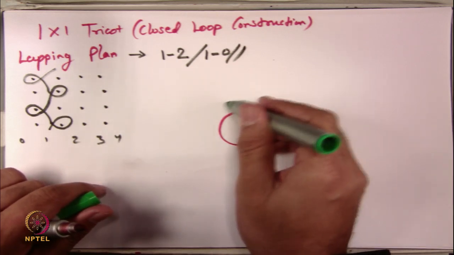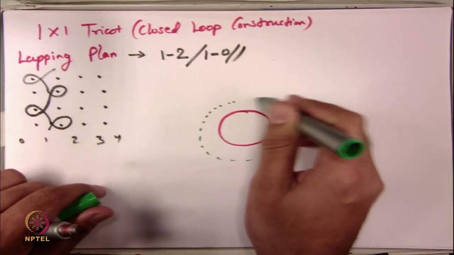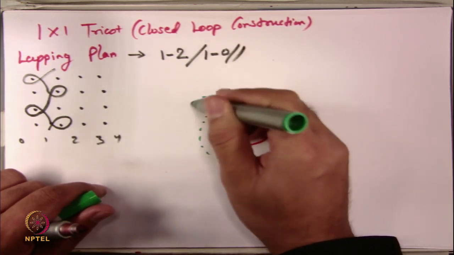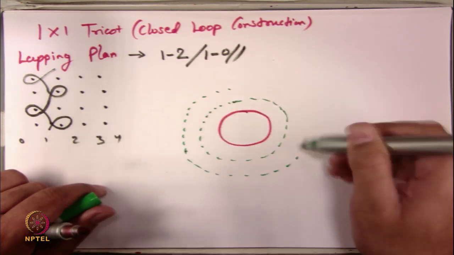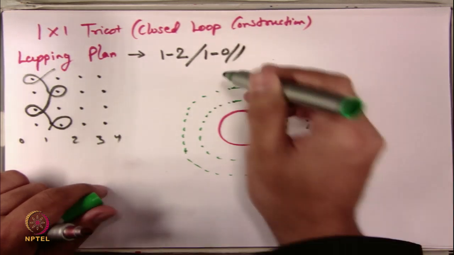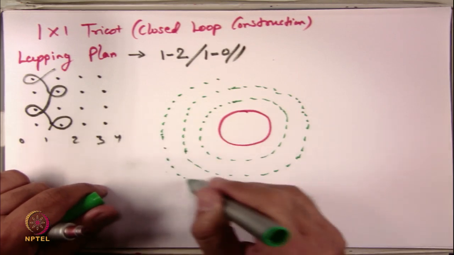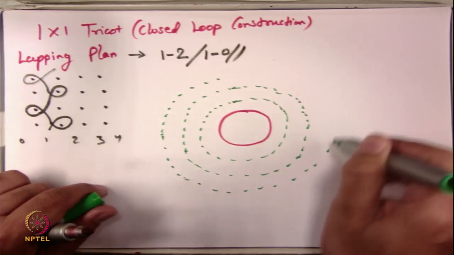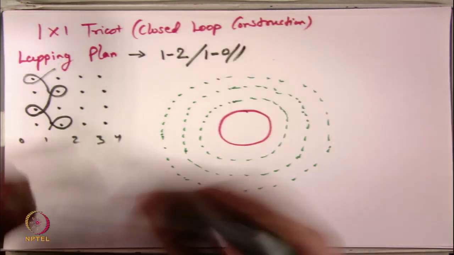So, let us give those profiles some names. This is the third concentric circle depending on a chain link height.